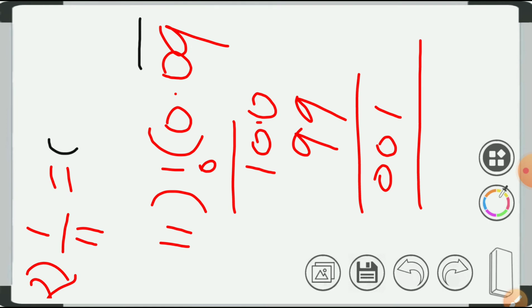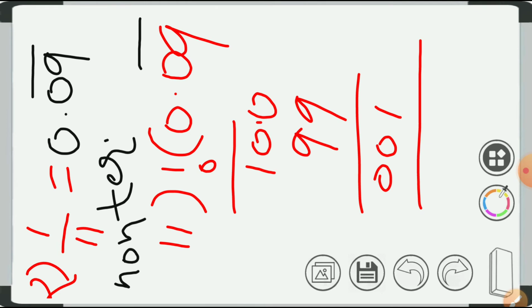Your answer is 0.09 bar. Okay, what type of decimal is it, terminating or non-terminating? If your remainder is 0, it is terminating. If your remainder is not 0, it is non-terminating. Okay, it is a non-terminating decimal expansion.